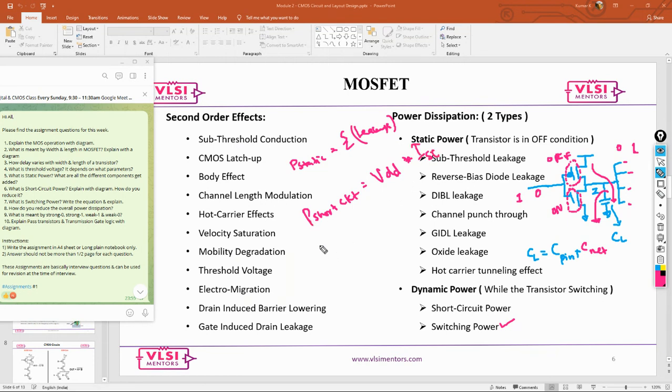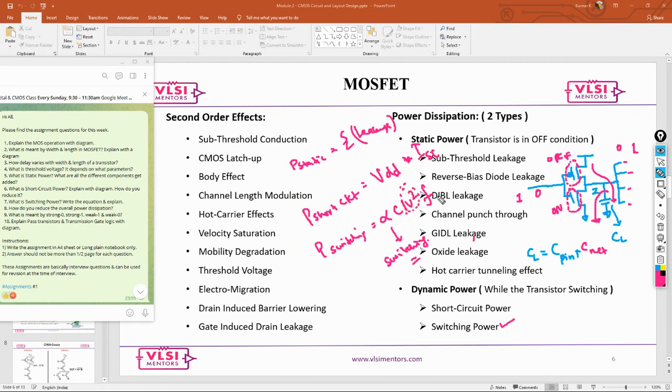And your P switching is equal to alpha C V squared F. Now this alpha is nothing but your switching activity. So how many times in a clock cycle is this actually switching? This cap is nothing but your load cap, and then V squared is your voltage.